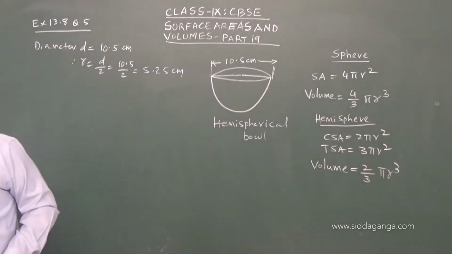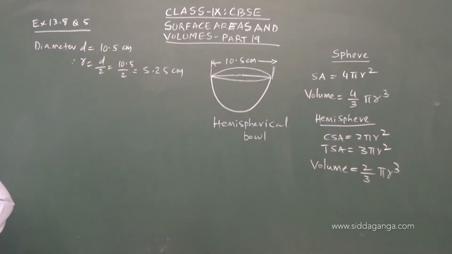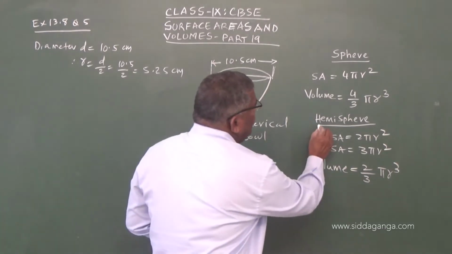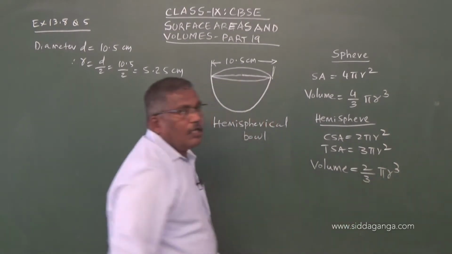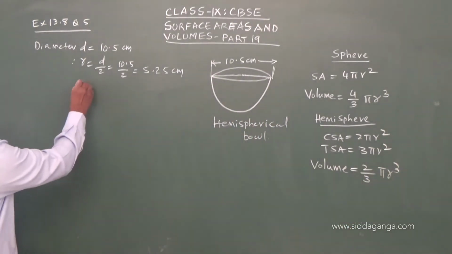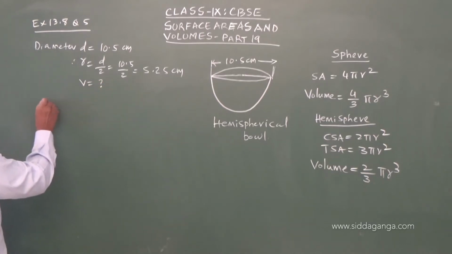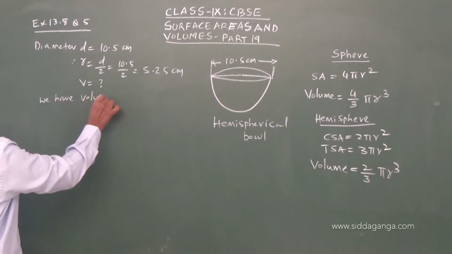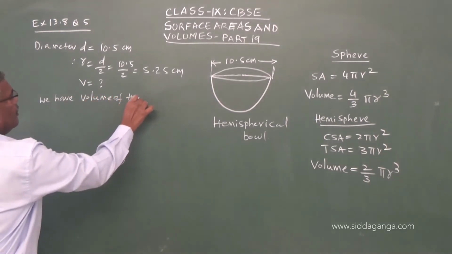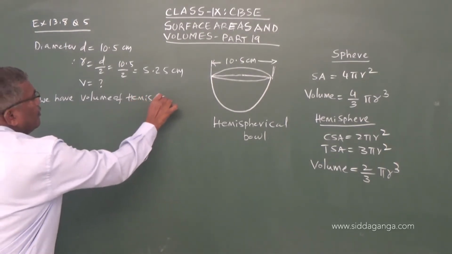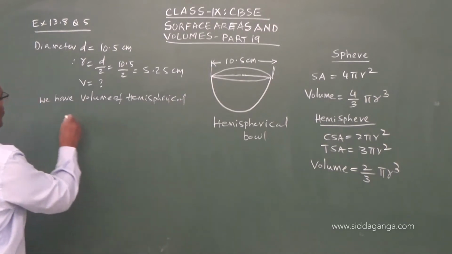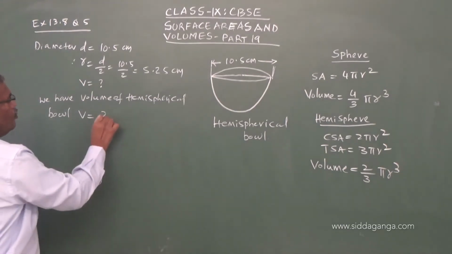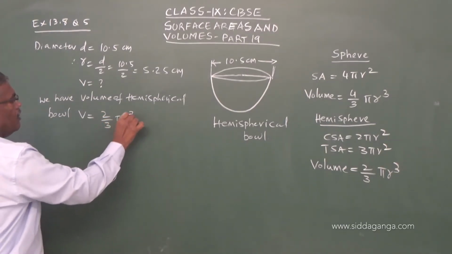The volume of a sphere is 4 by 3 pi r cube, and for a hemisphere it is 2 by 3 pi r cube. So the volume of the hemispherical bowl, V, is given by the formula 2 by 3 pi r cube.